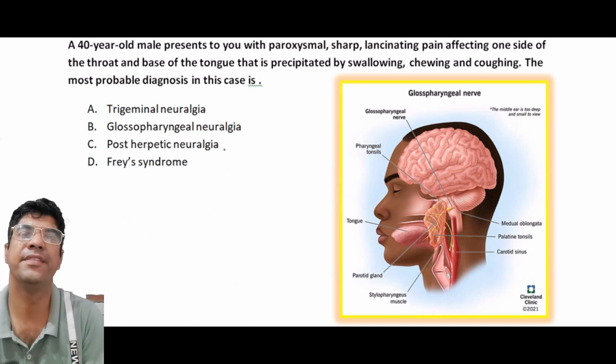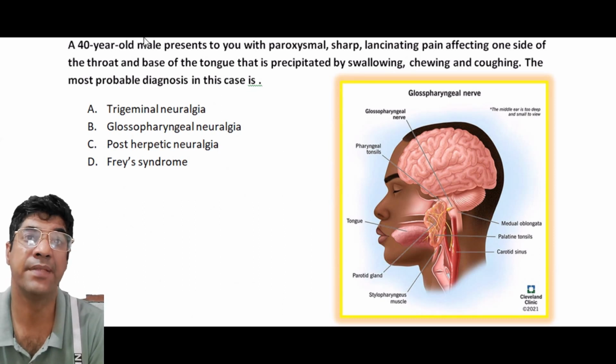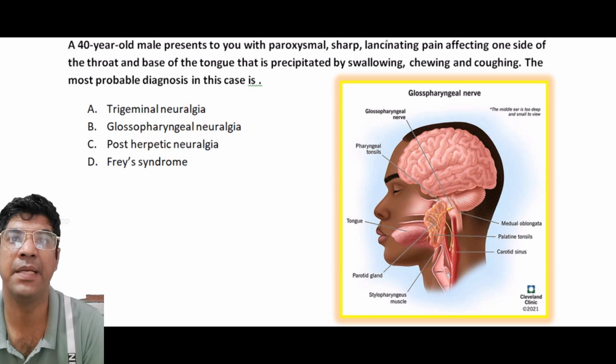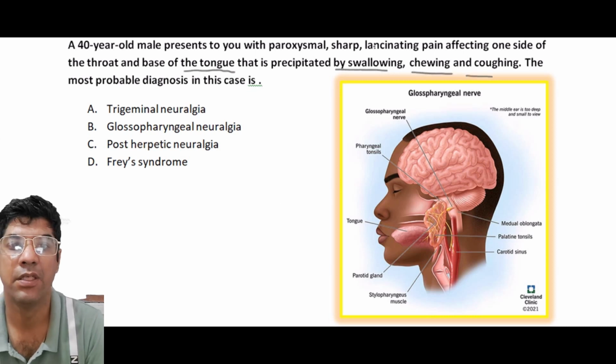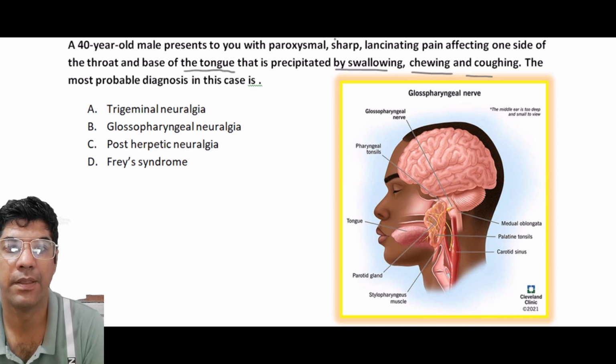A 40-year-old male presents with lancinating pain affecting one side of the throat and base of the tongue that is precipitated by swallowing, chewing and coughing. Your diagnosis would be glossopharyngeal neuralgia.